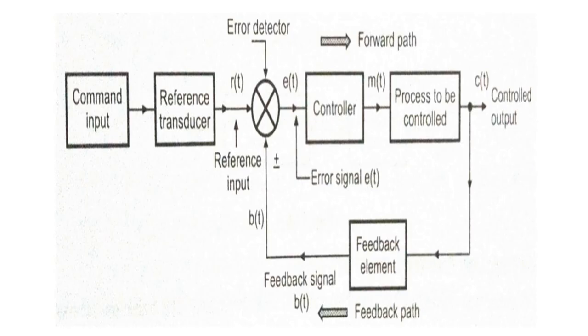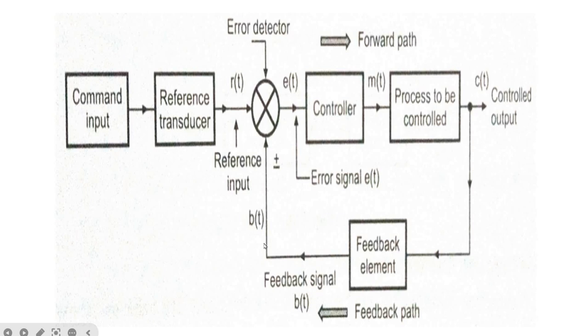Now the part of the output which is to be decided by the feedback element is fed back to the reference input here, and the signal which is the output of the feedback element is called the feedback signal B of t. The part of the output is given as input to the feedback element, which generates the feedback signal B of t.